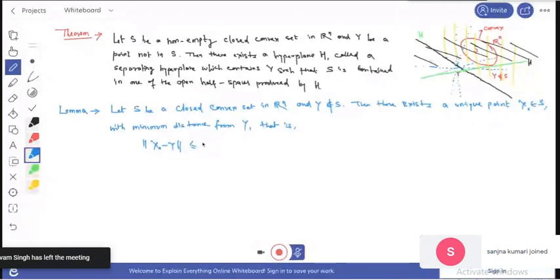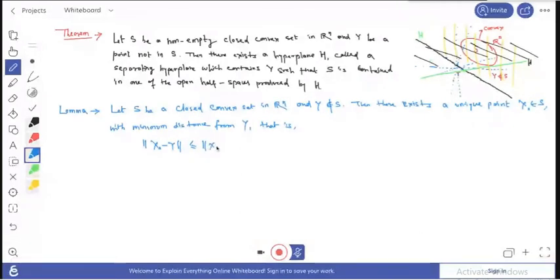So this is less than or equal to the norm of x minus y for all x that belong to the convex set S.